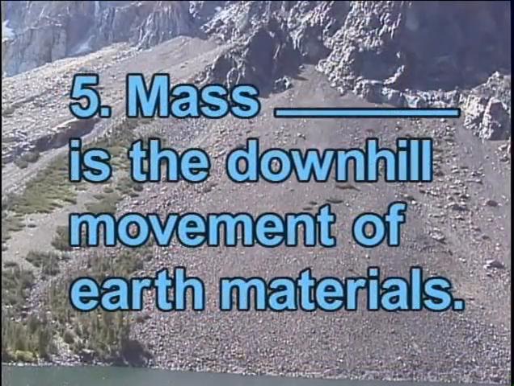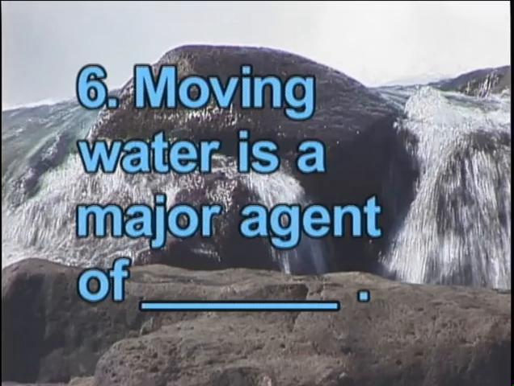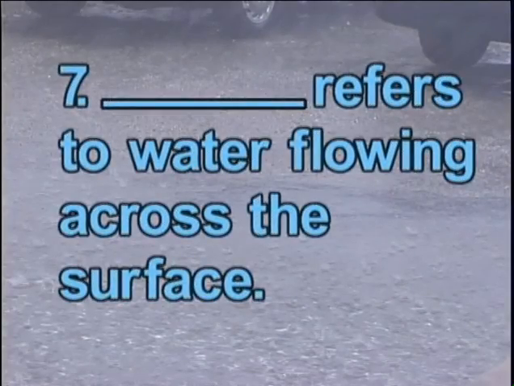Number 5, mass is the downhill movement of earth materials. Number 6. Moving water is a major agent of. Number 7. Refers to water flowing across the surface.